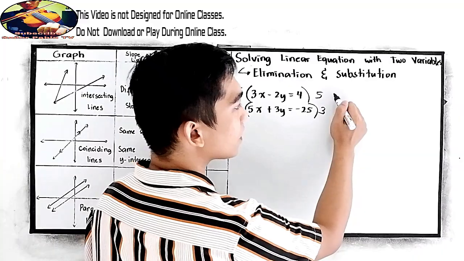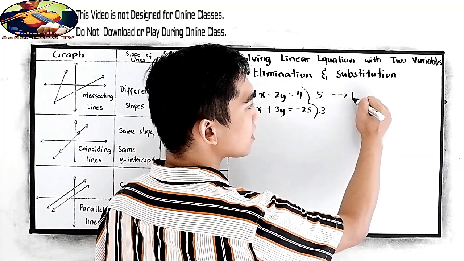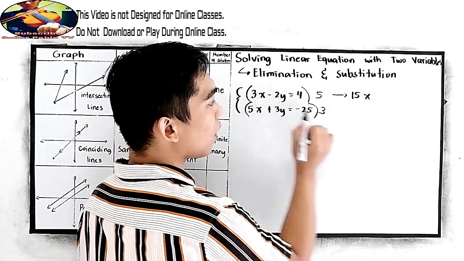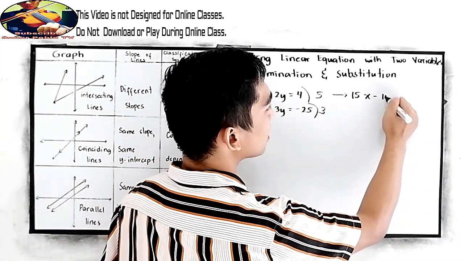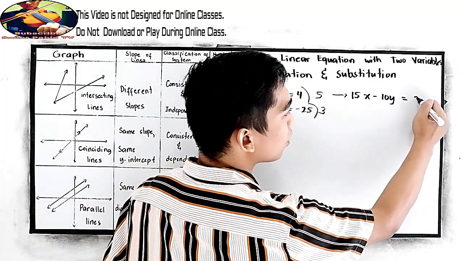Okay, let's do that. So 5 times 3x is 15x. 5 times negative 2y, negative 10y, is equal to 4 times 5, 20.